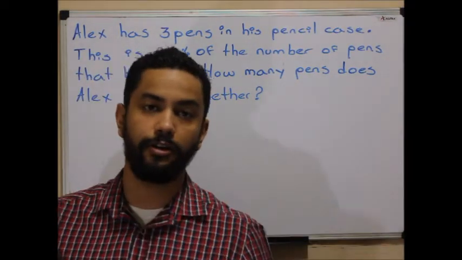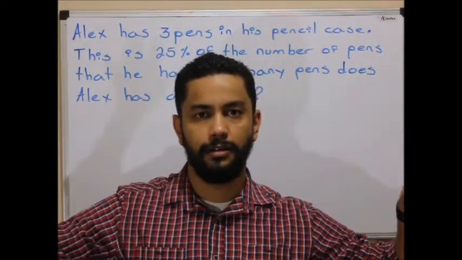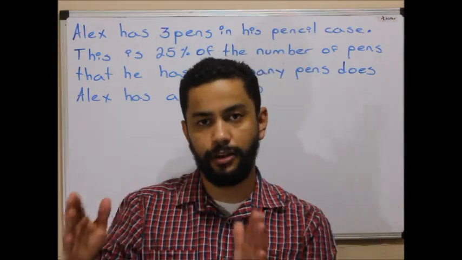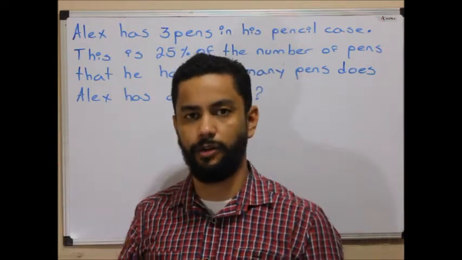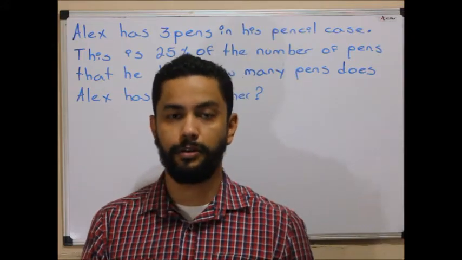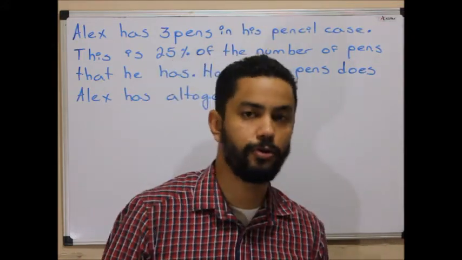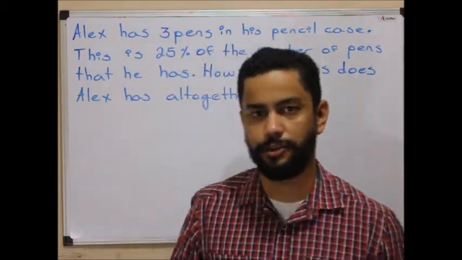Altogether means that we're going to look for the whole amount of pens. We're not looking for just a part, we're looking for the whole set of pens that he has in his pencil case. So we're going to start making a bar model to represent this exercise.